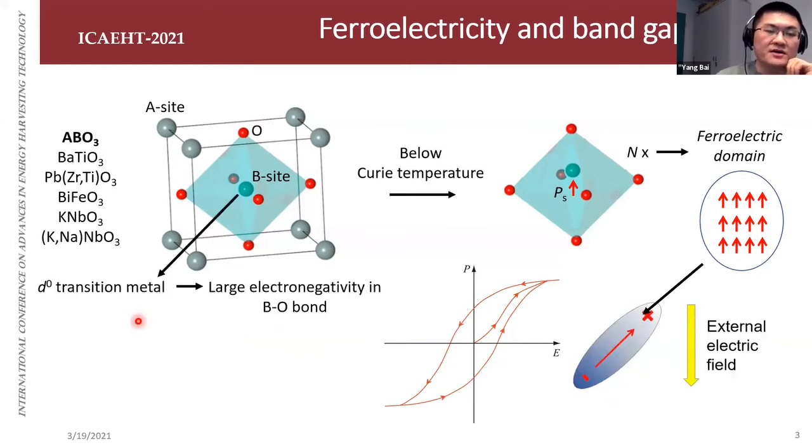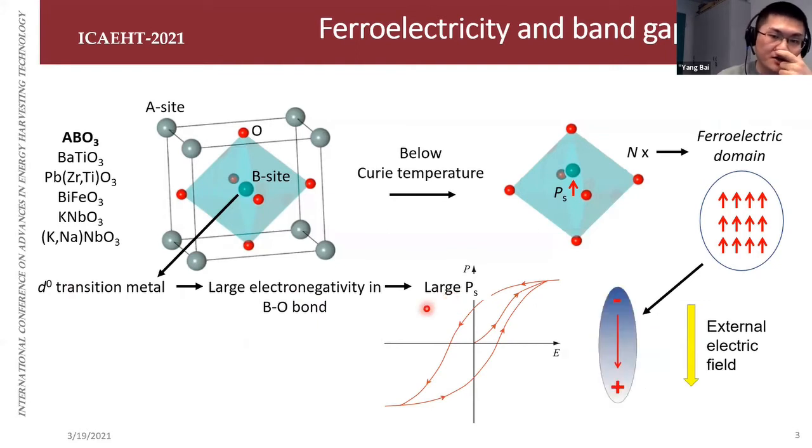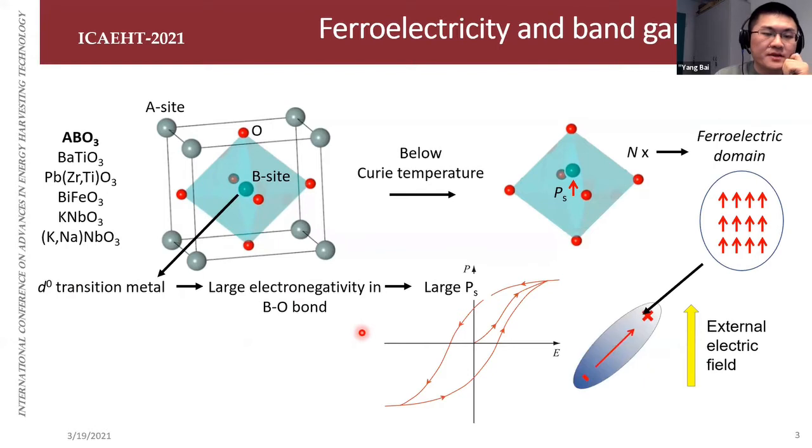But what is special here is that on the B site, usually you have a d0 transition metal. This gives a large electron activity in the bond, and a large spontaneous polarization, which is good if you want a large piezoelectricity, good ferroelectricity, good pyroelectricity.